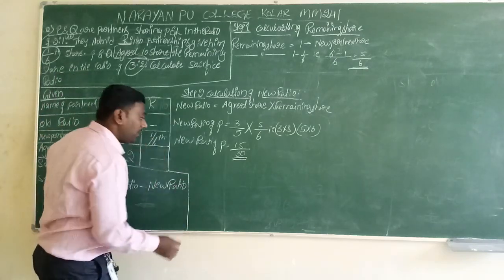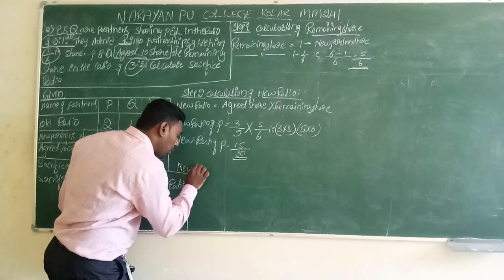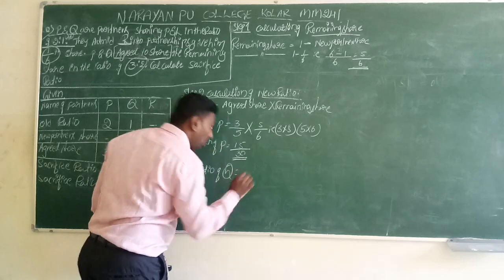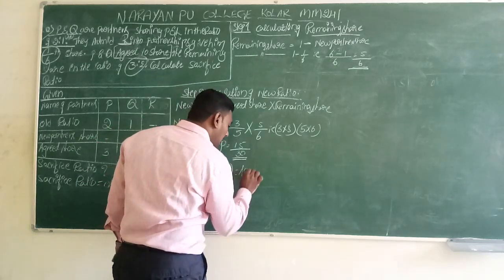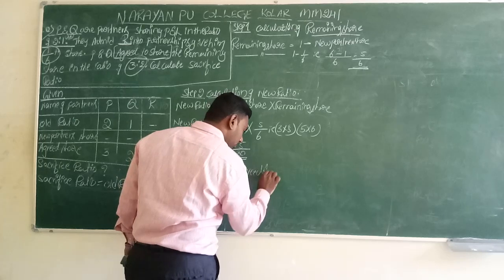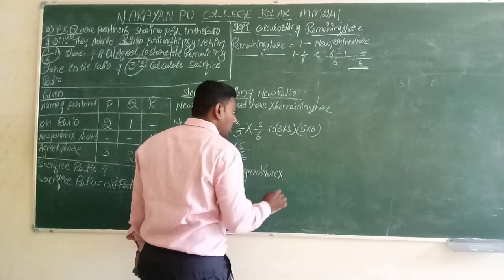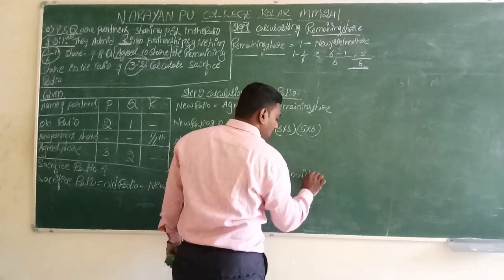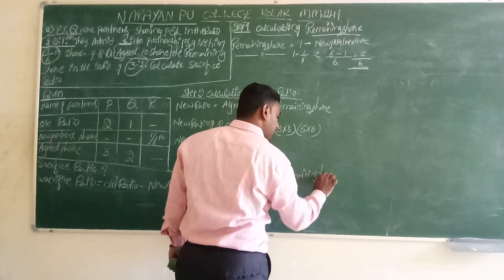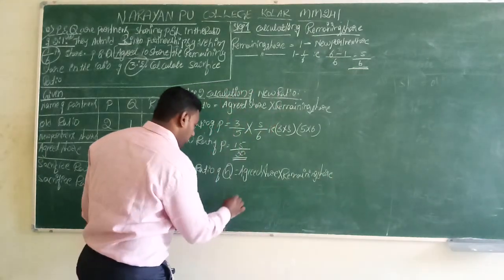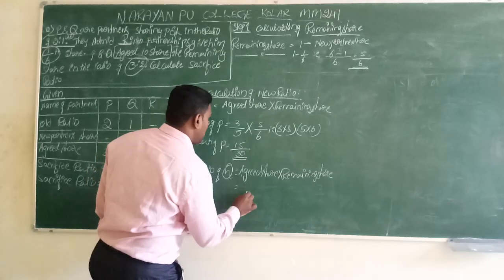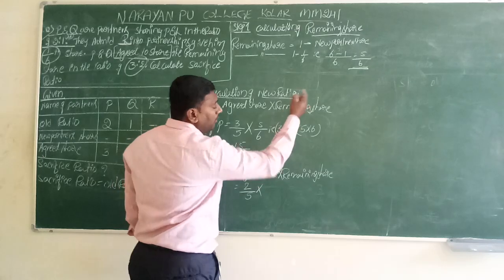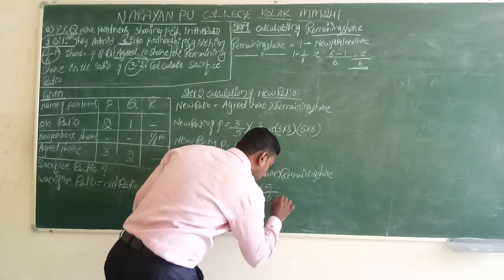So in this manner we have to calculate the new ratio of Q is equal to, again we should write the formula, agreed share into remaining share. Therefore, agreed share is 2 divided by 5 into the remaining share we calculated, 5 divided by 6.